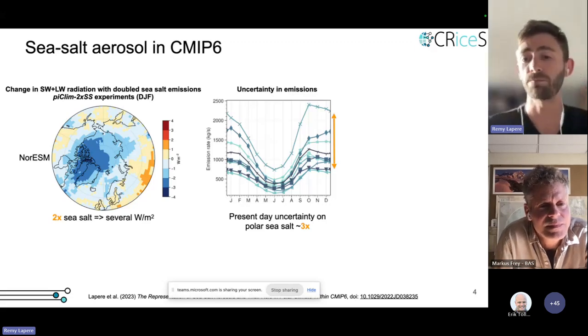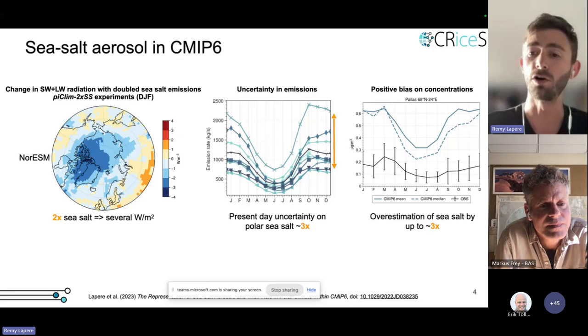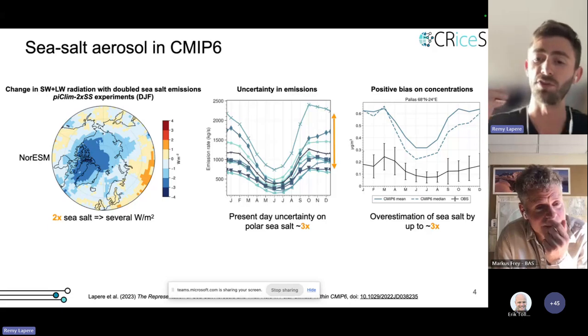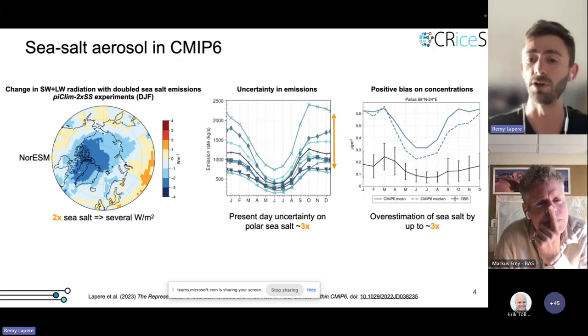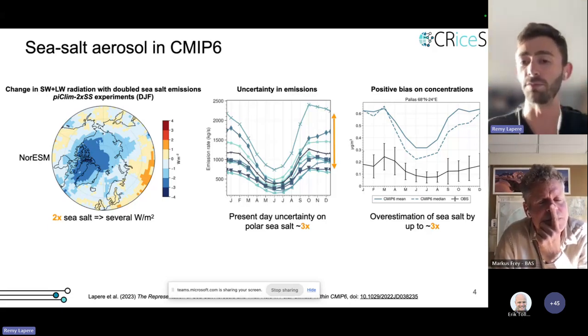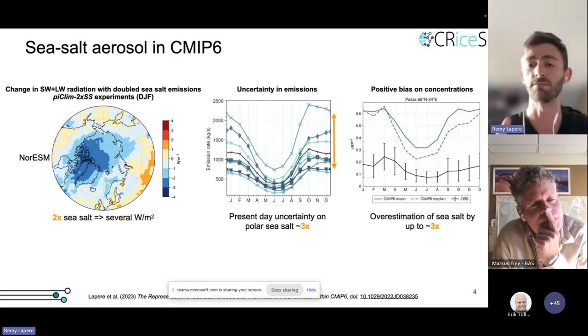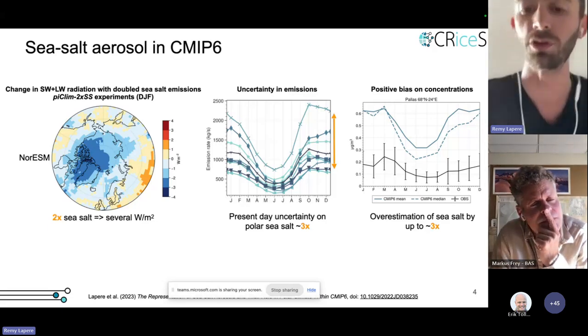And at the same time, they tend to all overestimate concentrations of sea salt. This is just an example for a station located in northern Finland, with the observations in black and the models in blue. You can see that they're overestimating sea salt by a factor of up to 3, but individual models can go as high as 10 times the concentration that's observed.